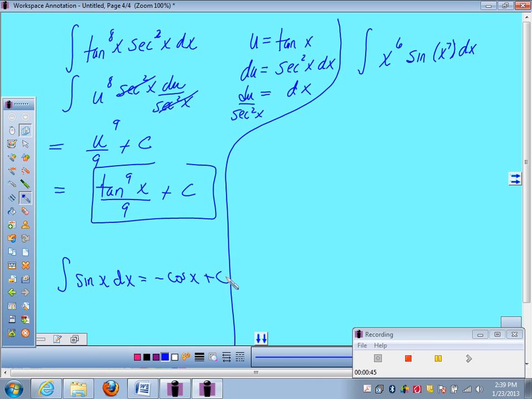You cannot have a quantity inside the sine. So this time, what do I want to substitute? I just want to do the x to the seventh, because sine is okay.